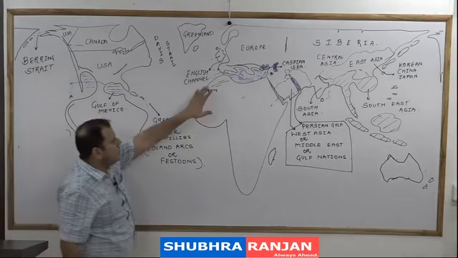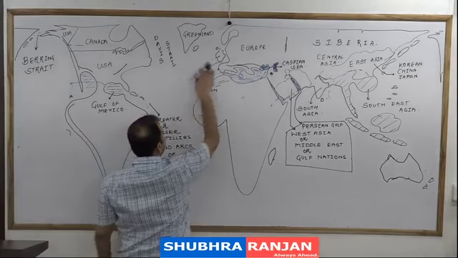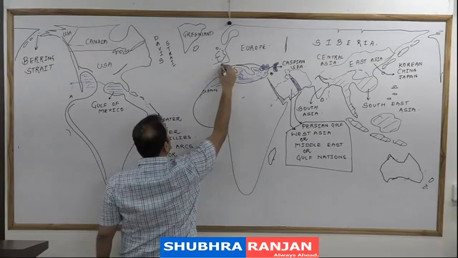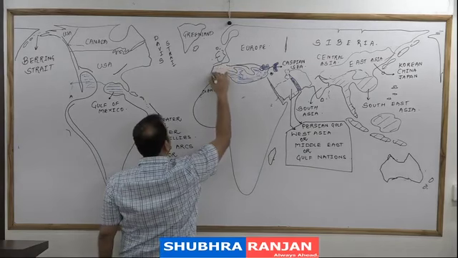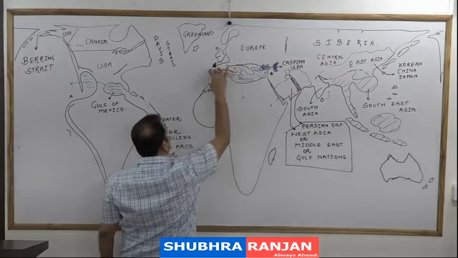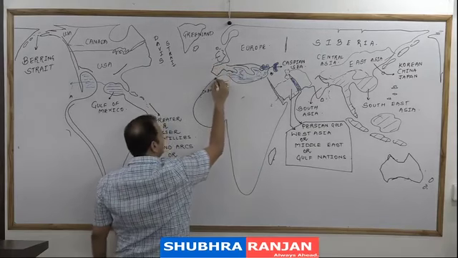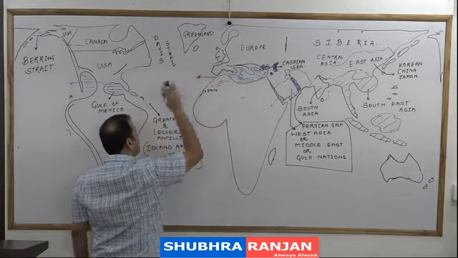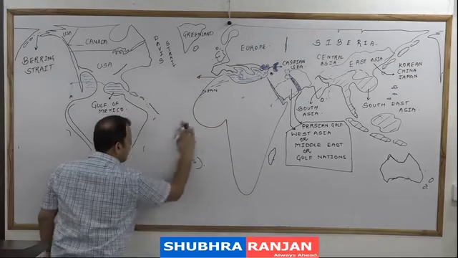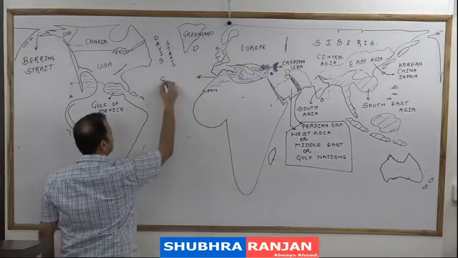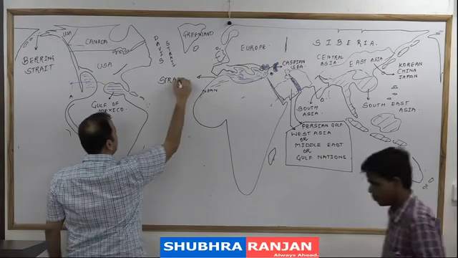Then you come to mainland Europe, जहाँ पे the countries are, यहाँ पे पोर्चुगल, स्पेन, फ्रांस, एक्सेट्रा एक्सेट्रा, and यहाँ पे we have one of the famous straits in the world, and this famous strait in the world is known as the Strait of Gibraltar.